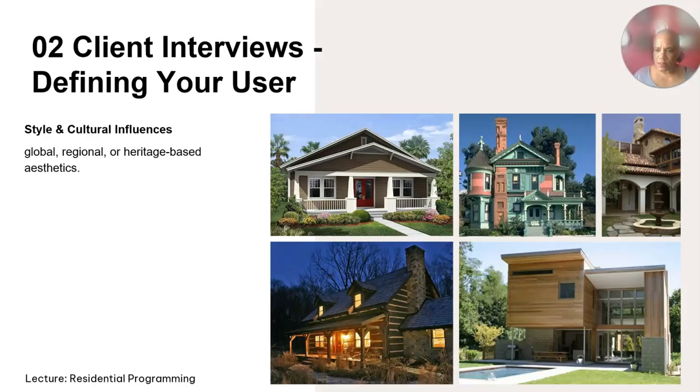Cultural influences. I'm not sure this is the right picture for that, because this is more architectural style, but architectural style will be different based on where it is, right?